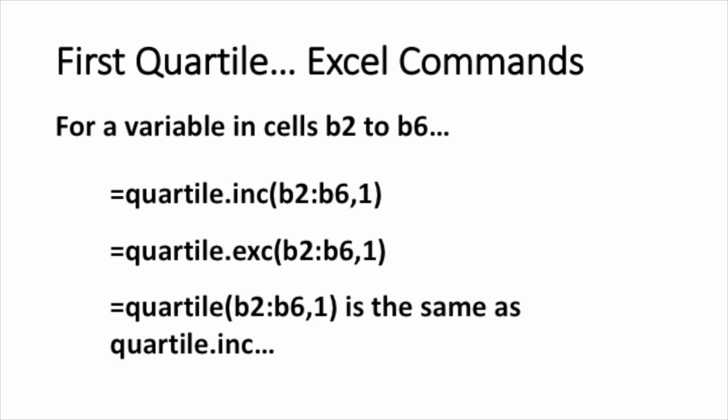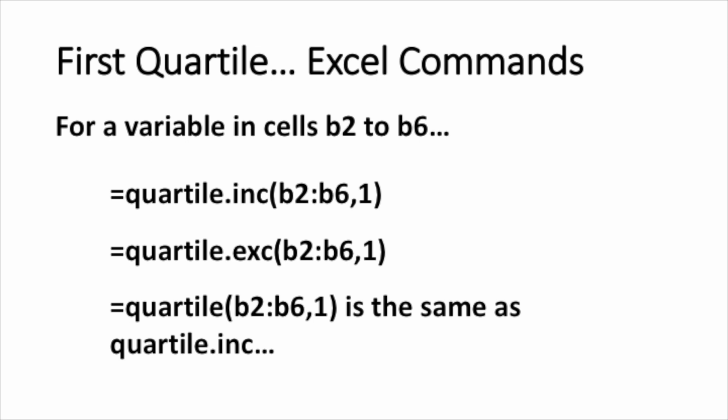If you don't want to worry about adding an INC or EXC to the formula, you can just use the formula equals quartile, parenthesis, then the range of data, comma 1, and then close parenthesis. Excel recognizes this formula for the first quartile and actually treats it as the version with the INC add-on.